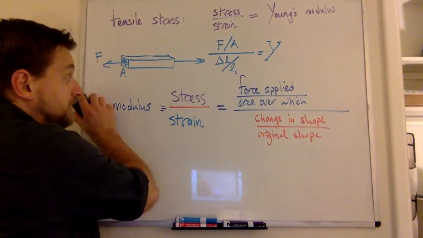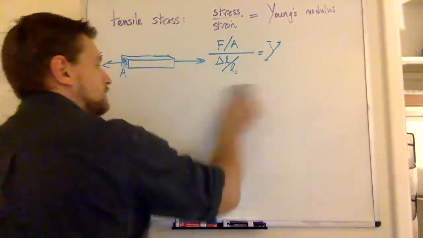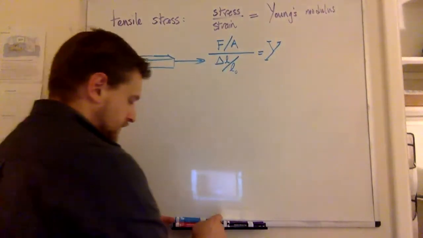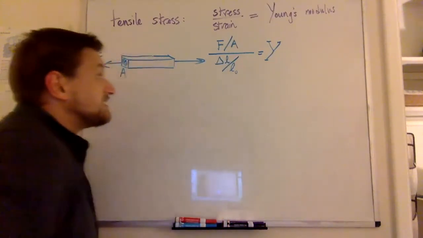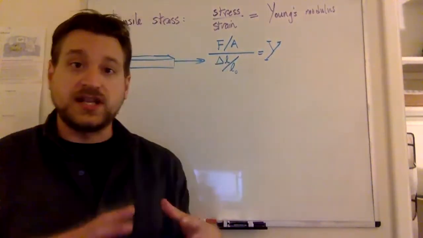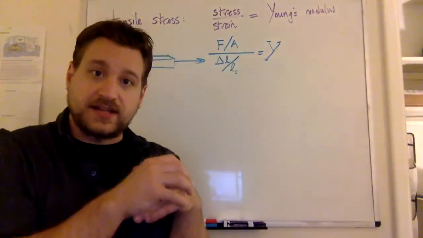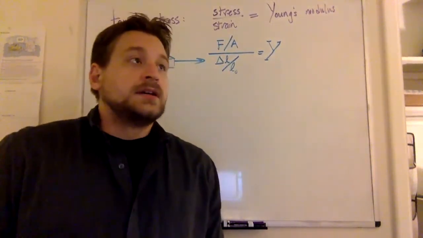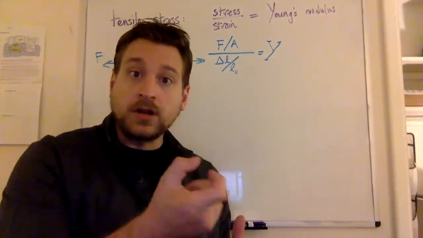I gotta erase this so I can keep going. There's another kind of stress that we'd like to talk about. Instead of a length change, I'd like to talk about a volume change that results when we compress a thing from all sides, like a ping pong ball, I suppose.